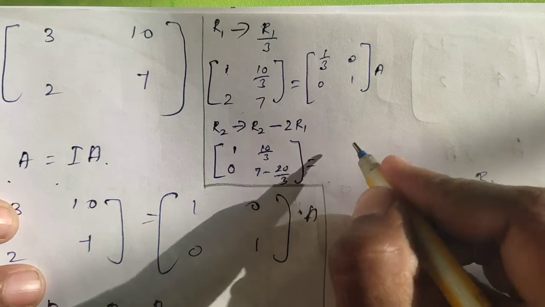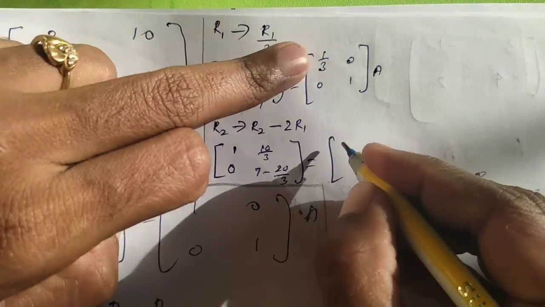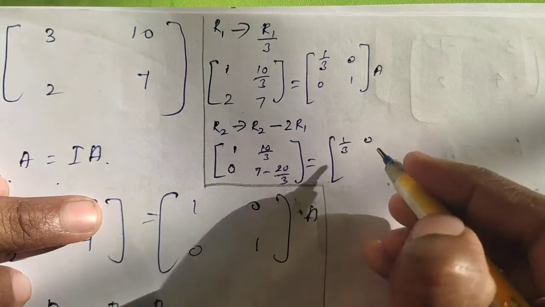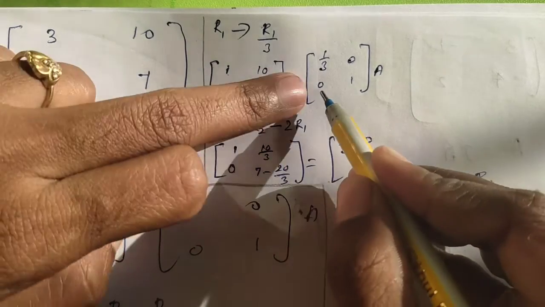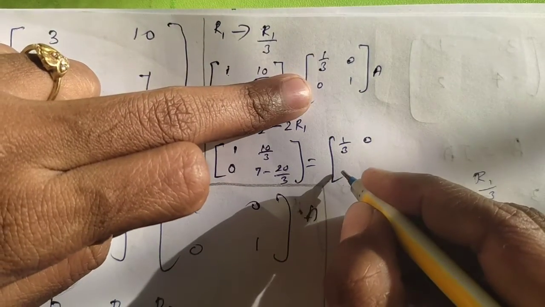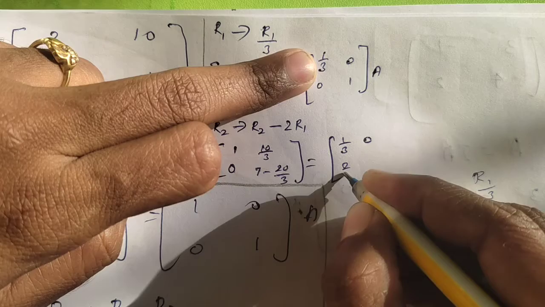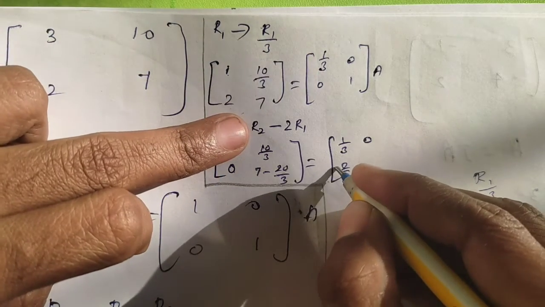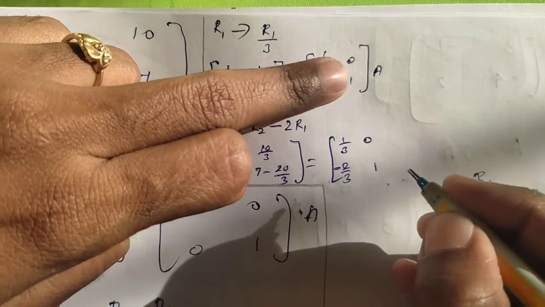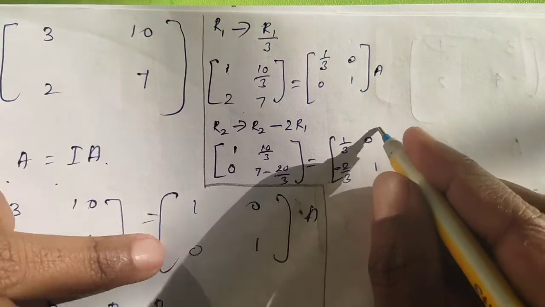On the RHS, R1 is the same, R2 is R2 minus 2 into R1, so 0 minus 2 into 1 by 3, so minus 2 by 3, and 1 minus 0 into 2, so 1 remains.